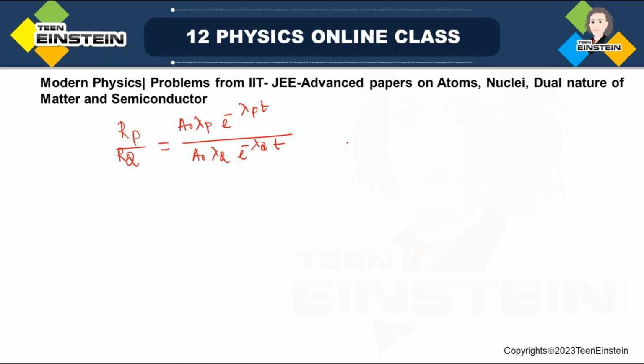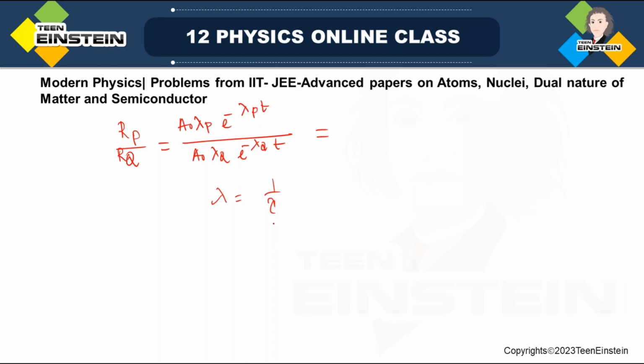Now see, we know lambda is equal to 1 by tau, because mean lifetime tau is equal to 1 by lambda.